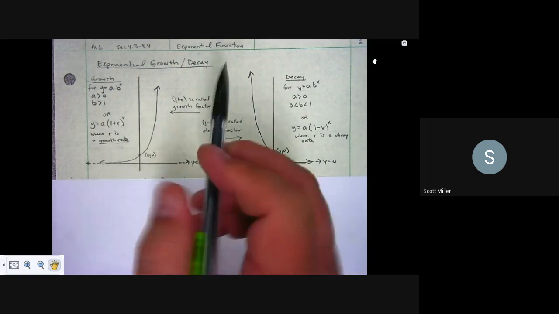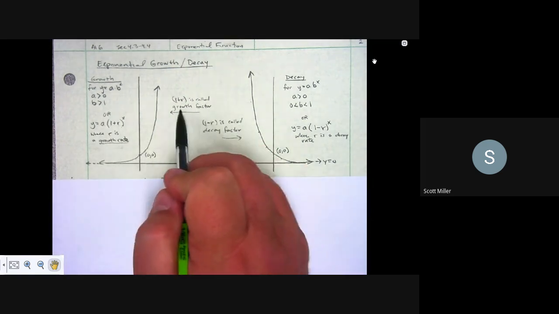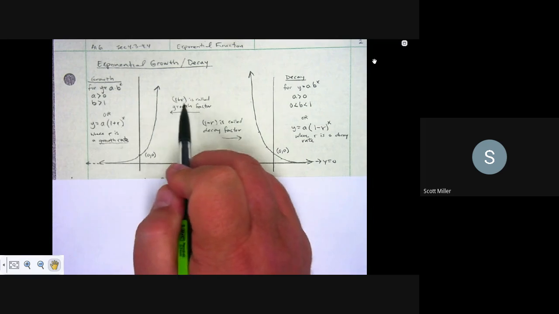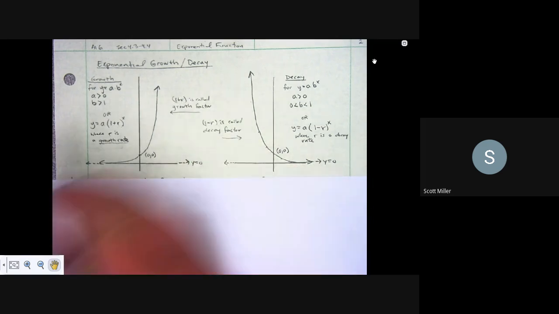That means r becomes 2%, and we would make it into a decimal to plug into this formula. Since b has to be bigger than 1, r guarantees that this number is bigger than 1. So r is called the growth rate. 1 plus r, that whole base number, is called the growth factor. This is the terminology they use.